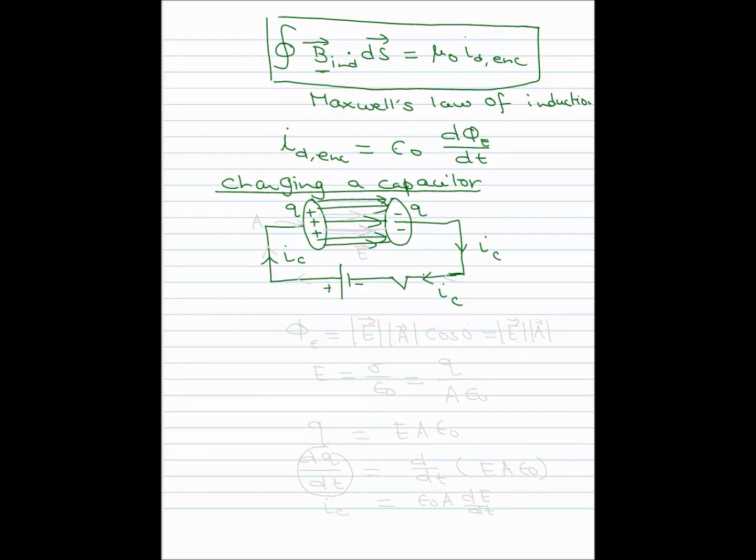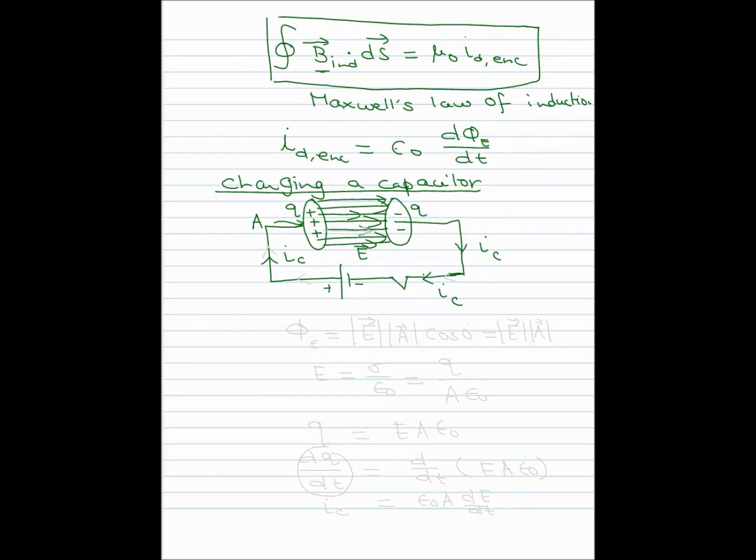So in order to do that, let's think about the electric field between the two plates, E, at any given time. These arrows are showing you the direction of the electric field, which is from the positive plate of the capacitor to the negative plate, and this electric field is increasing with time. Notice that the area here that we are talking about is the area of the plates. Let's say that the area of each plate is A, and the area vector is obviously perpendicular to the area.